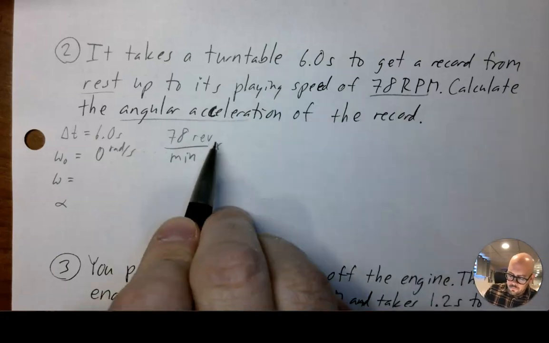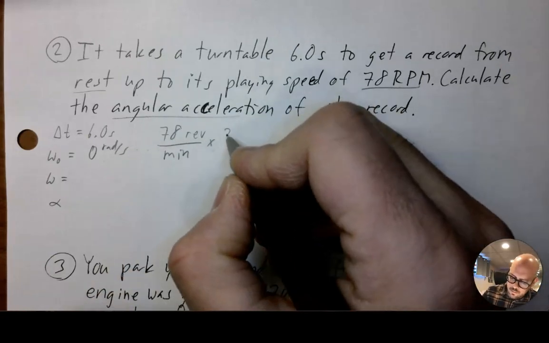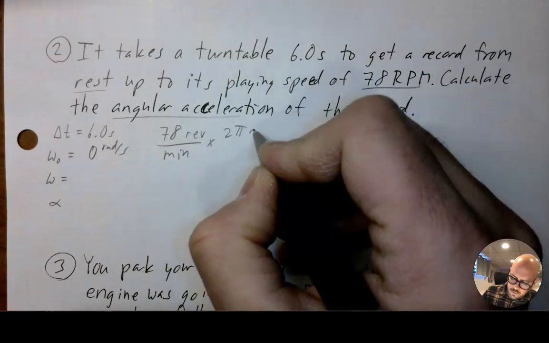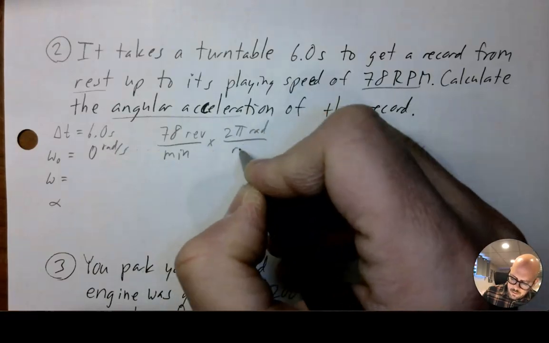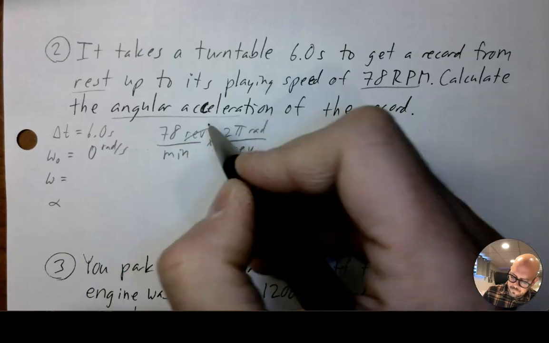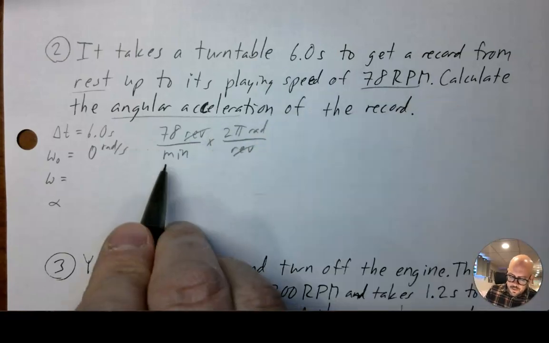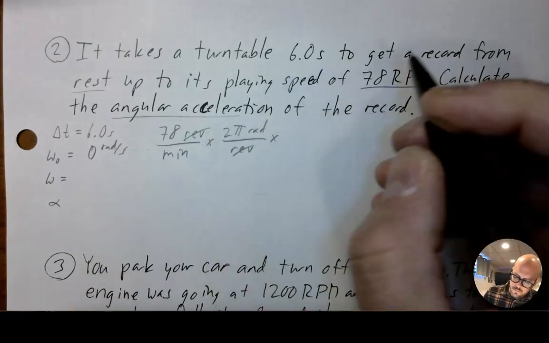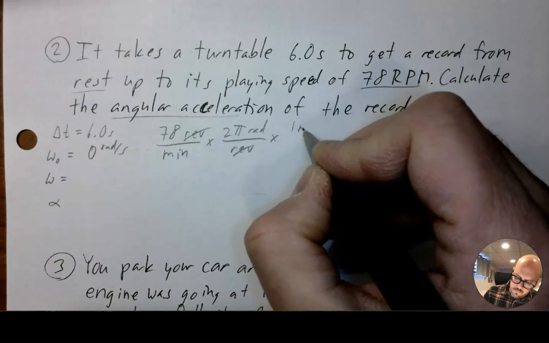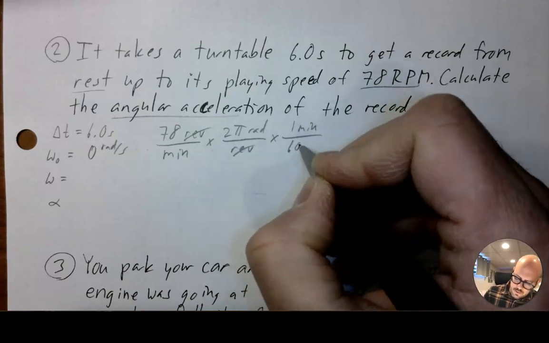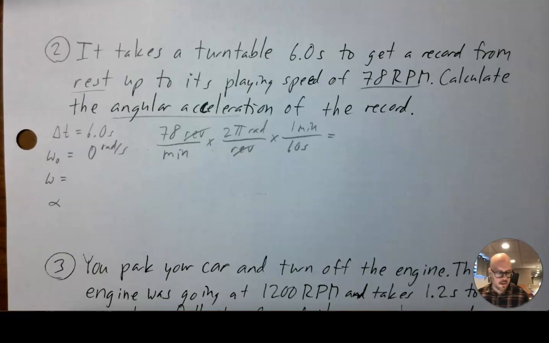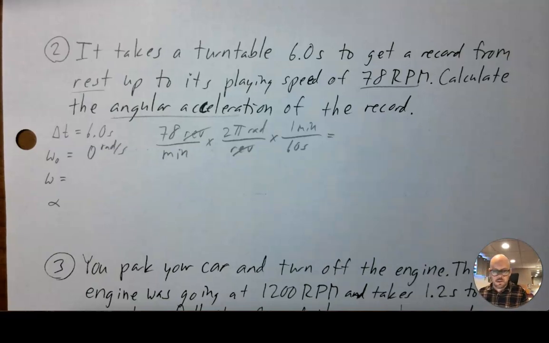So I'm going to convert revolutions to radians, which means I multiply by 2 pi radians per revolution. I now also need to convert from minutes to seconds, so I'm going to put 1 minute over 60 seconds. If you need help with dimensional analysis, come see me, but I'm assuming that since you made it through chemistry, you can pick it up pretty easily.